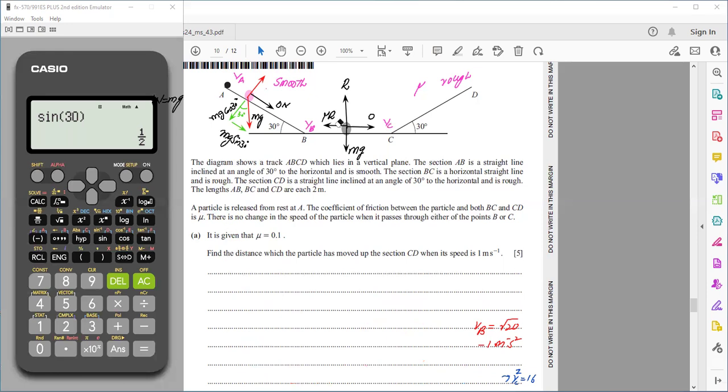Now I will discuss the motion from C to D, so I will make the diagram. In the diagram, the body is at this point, and I will discuss the forces on that body. First of all, when a body is in contact with another surface, definitely the normal contact force will exist.